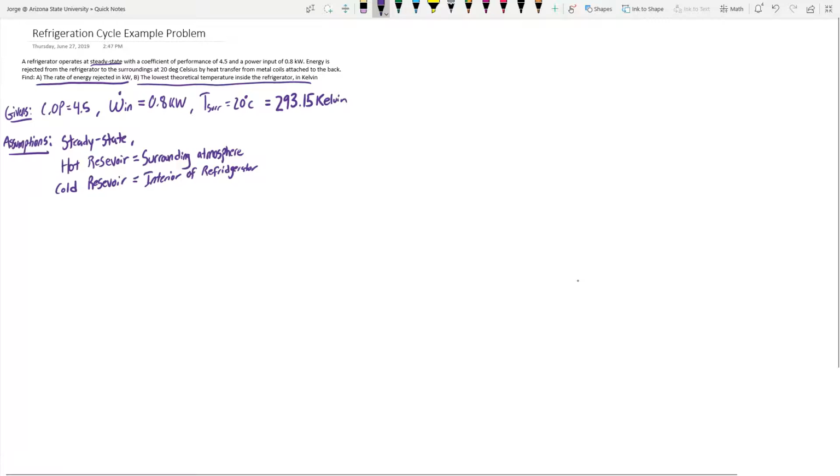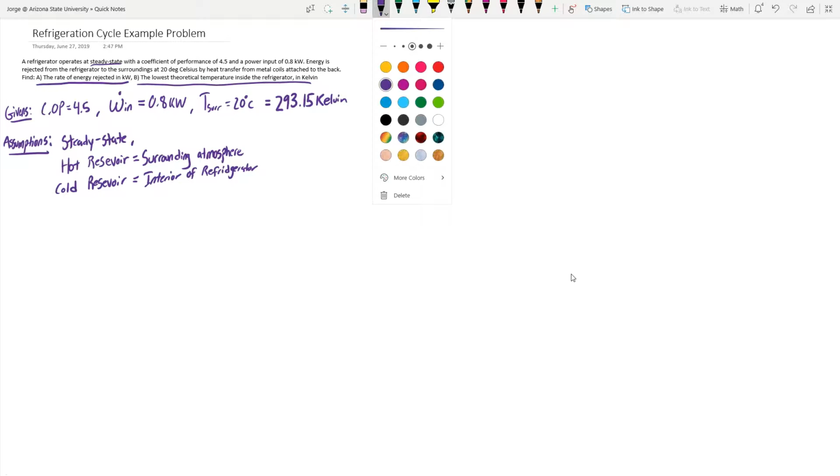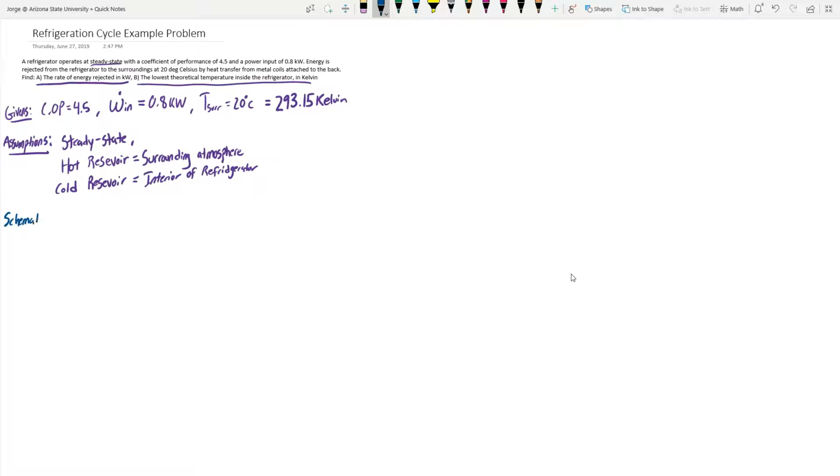Okay, so from here, I also like to draw a schematic. So I'm going to switch colors. I'm just going to draw the cycle here that we're dealing with.